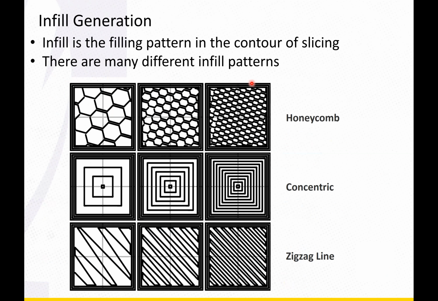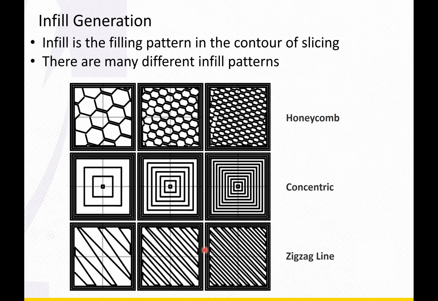So another step is the infill generation. Basically the infill is the filling pattern in the contour of the slicing. So that's the pattern inside the contour. As you can see, there are a lot of different infill patterns, like honeycombs, concentric, zigzags. I would say the zigzag is the most widely used.